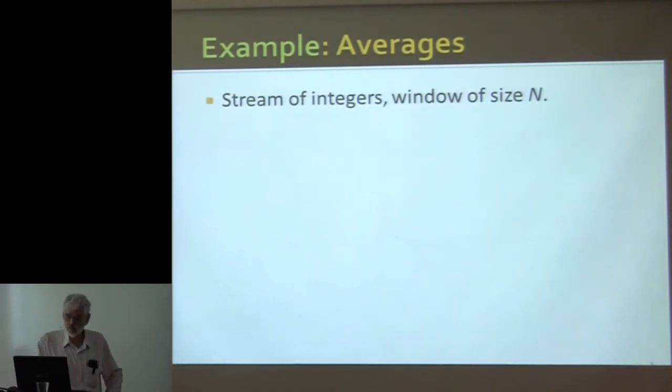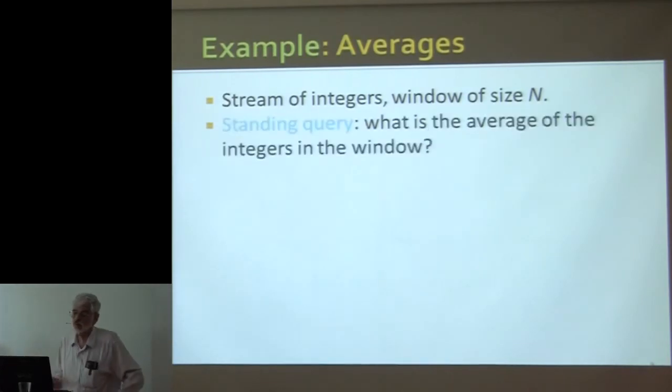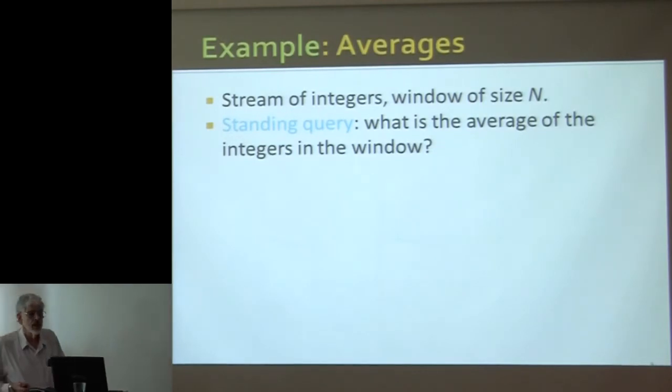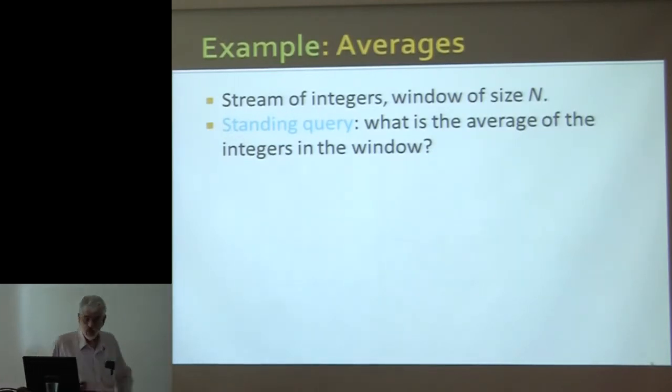Anyway, maybe this example might help a bit. Okay, so my stream is integers. I'm using a window of size n, and I want to know at any time what is the average of the integers in the window. Now, again, think about doing that. What is the average of the integers for the entire stream forever?